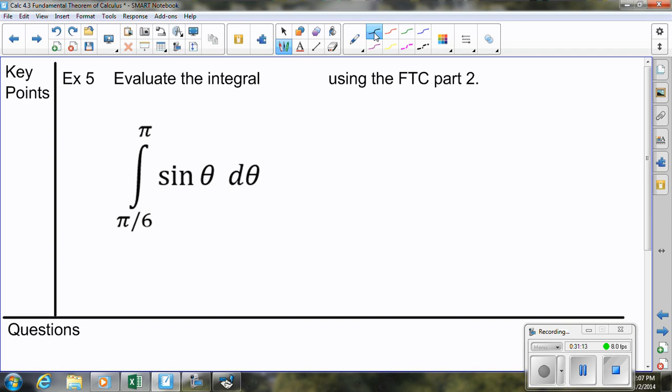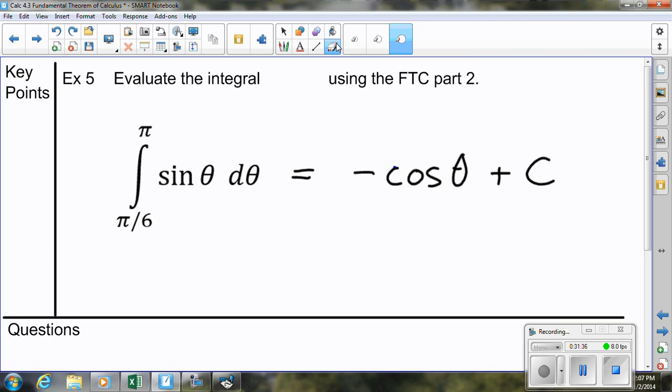Well, cosine has derivative negative sine. So our antiderivative is negative cosine of theta plus a constant. But we know this could be any constant by the fundamental theorem of calculus, so why not just use a constant of 0? Because if it's a constant of 0, then we're not going to bother writing it.